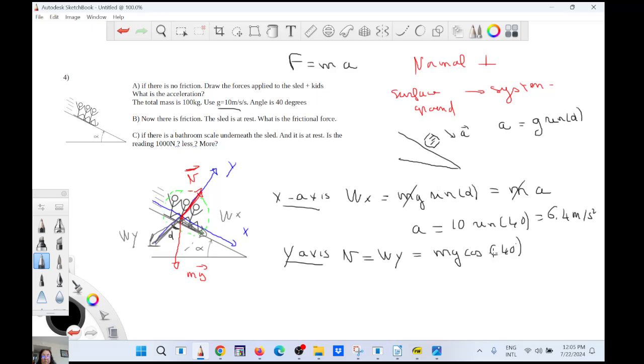Okay, so the force, which is what? The mass is 100, so 1000 cosine 40, which is 766.